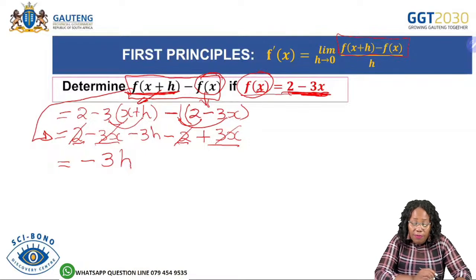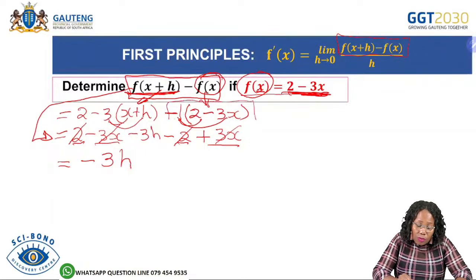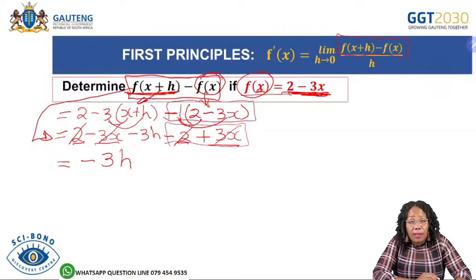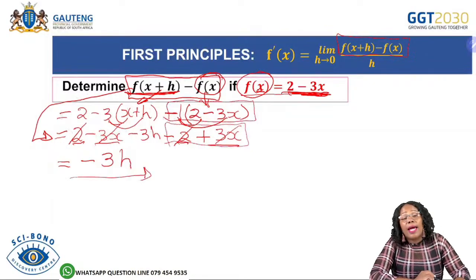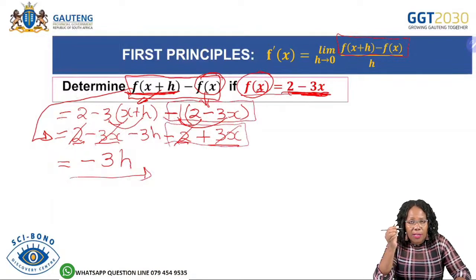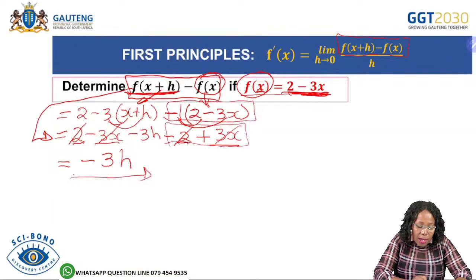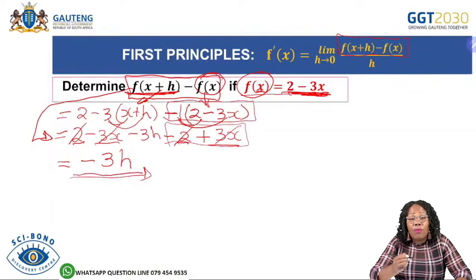Can you see, grade 12? That part that was your f(x) will be subtracted from your f(x + h). Eventually, you will end up with only an item with an h. If you are subtracting f(x + h) minus f(x), eventually you will be having an item with an h only in your expression.